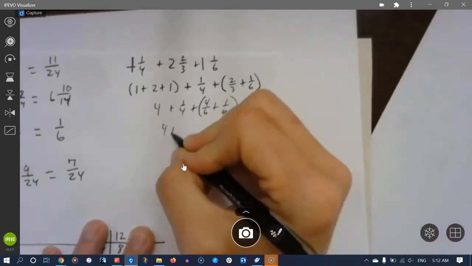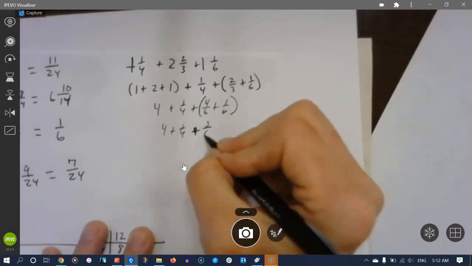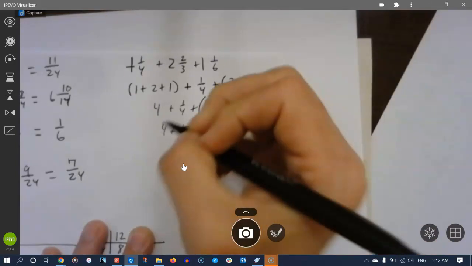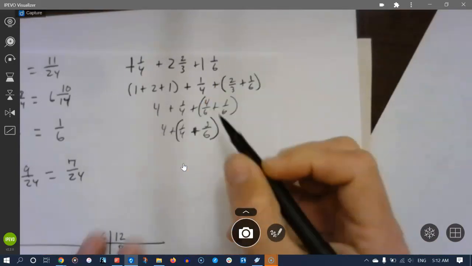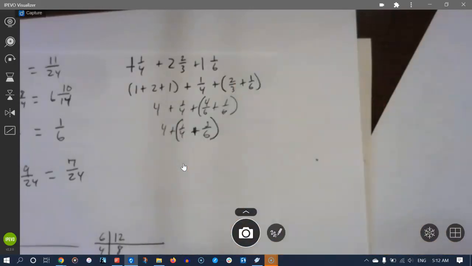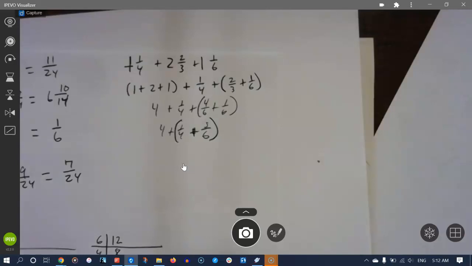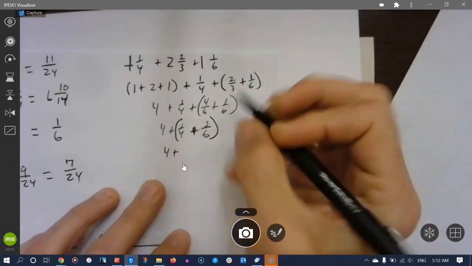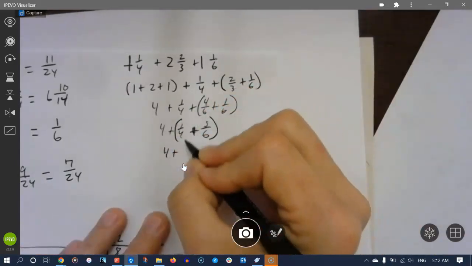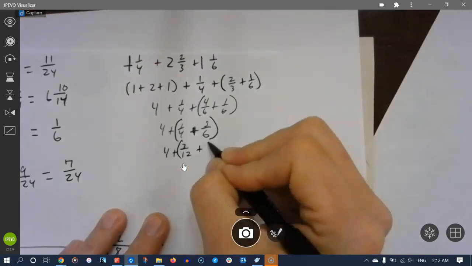So now we have 4 plus 1/4 plus 5/6. So now I need to add these together. So I have to think about twelfths there. It's getting a little blurry. And now I have 4 plus, so 1/4 to 12ths would be 3/12, and 5/6 is 10/12.